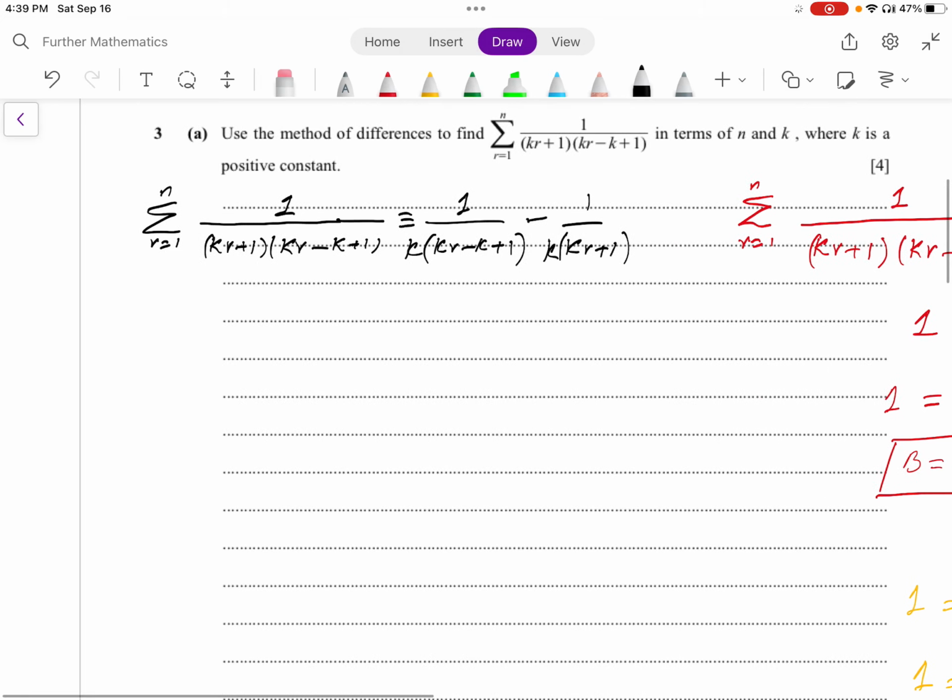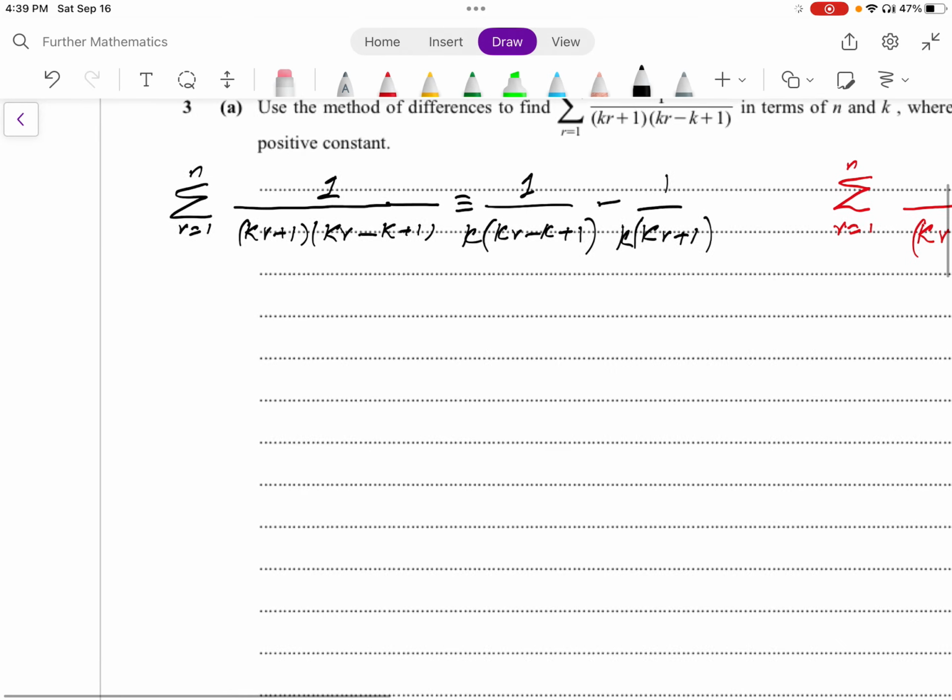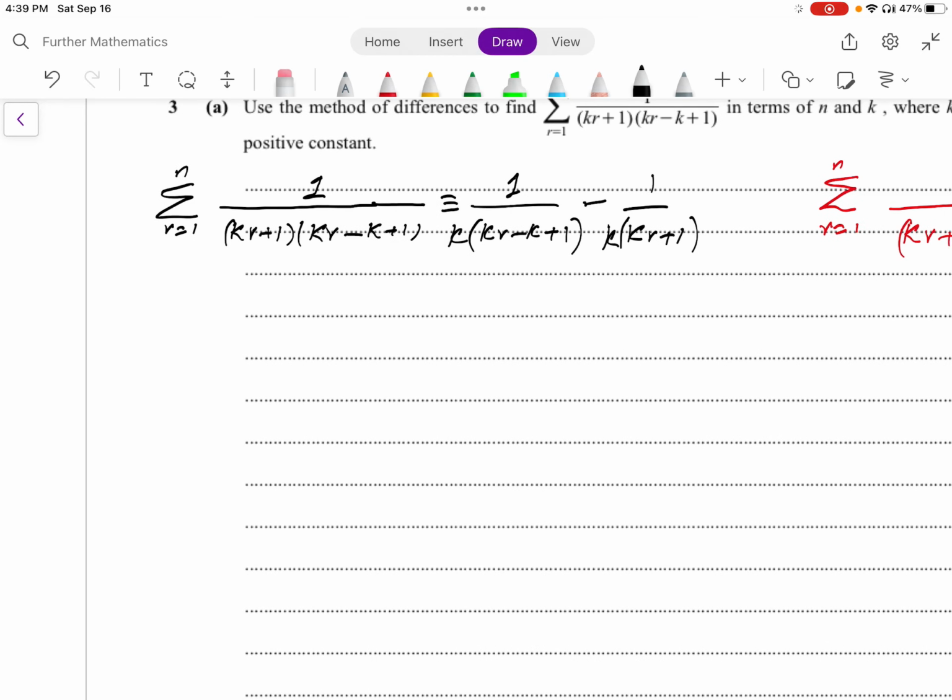Now to apply the method of differences, we have to plug in different r values in the partial fractions. If I plug in r equals 1 first, I just have to plug in r equals 1 here and here. That gives me 1 over k minus 1 over k times (k plus 1).